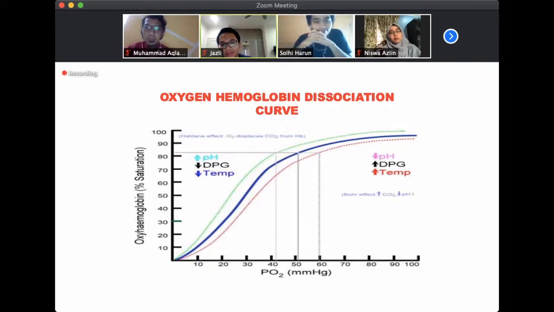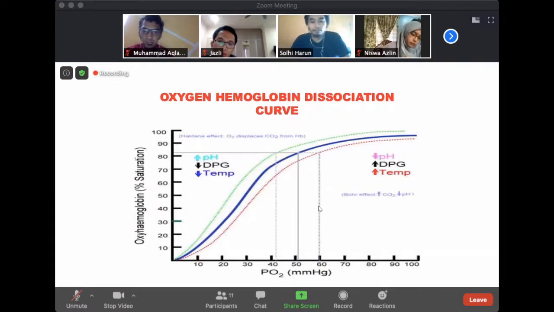Okay, good, good. Let me just briefly summarize now. We are concerned about the affinity. When you look at the oxygen hemoglobin dissociation curve, we are concerned about the loading and unloading of oxygen, or what we call the affinity of oxygen. When you say shifted to the left, the blue graph becomes the green one at the top.